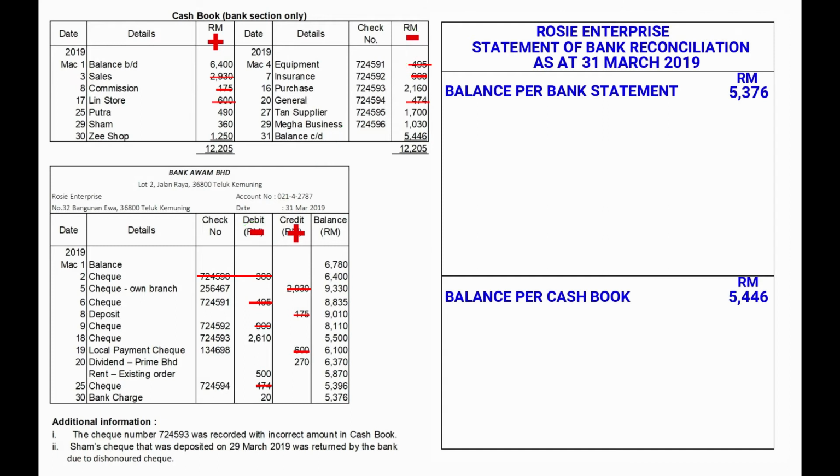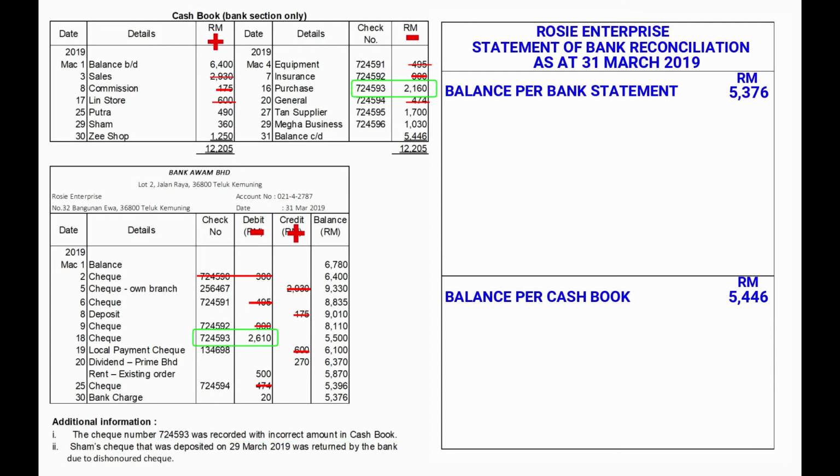So now, you may come across some items recorded wrongly. Do you? Good. Refer additional information to ascertain whether the error was committed by the bank or by the business and correct it accordingly. If there are no additional information, we will consider that the errors are made by the business.